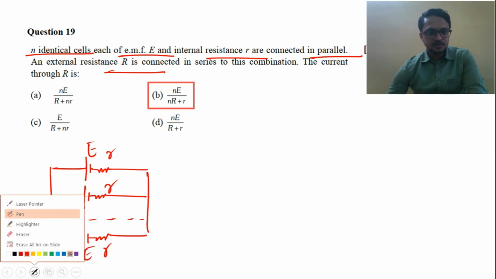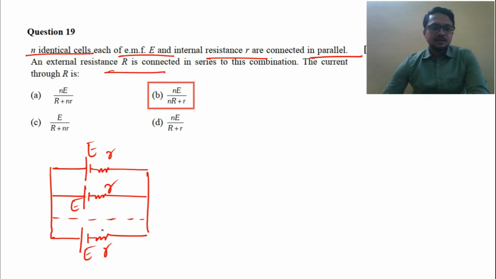Now when the cells are in parallel and the EMF of all the cells are the same, then the equivalent EMF E equivalent will be equal to the EMF of one cell.